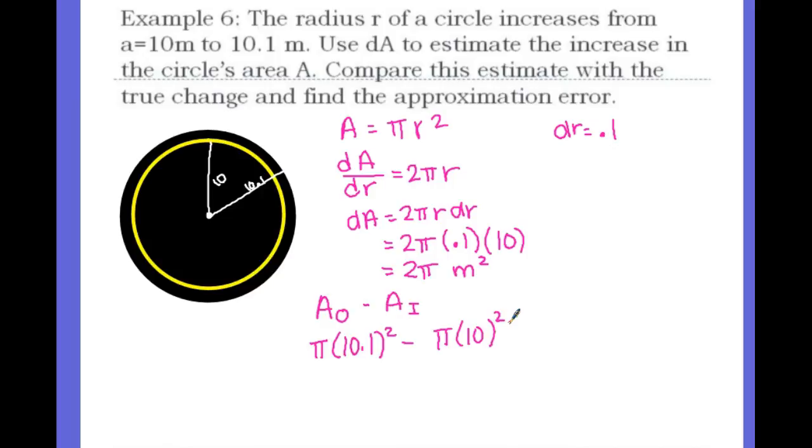Anybody know what 10.1 squared is off the top of their head? Without a calculator? I don't know. See, that's where differentials come into play. We could do all of this math without a calculator, right? Now I'm getting into gross decimals. So if you didn't have a calculator, you would have to go back to the days of 10.1 times 10.1.